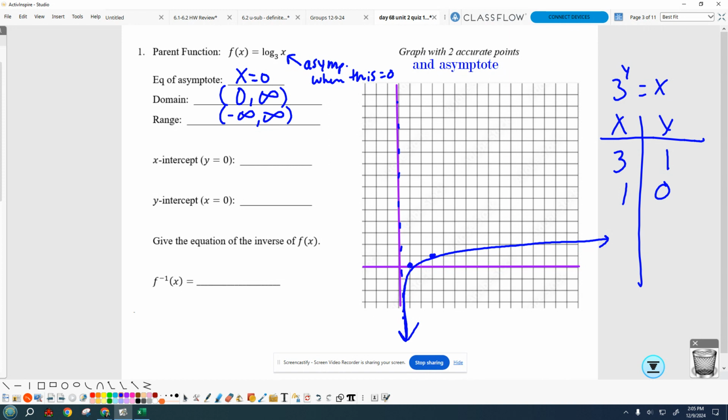Okay. Dante, x-intercepts are when y is 0. So let's set y to 0, which is really the f of x. How do I translate this log equation into exponential?